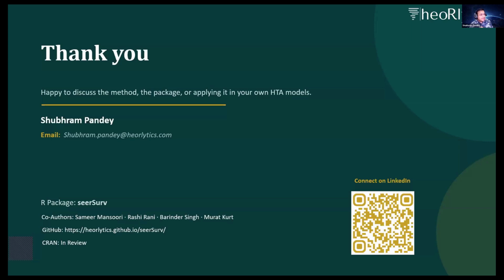That's why we have not gone into splines and the others, because the SEER data only provides 5-year data on a yearly basis. That means in total you only have 5 time points. So it's good to restrict ourselves to the standard parametric models rather than going to the fancy distributions.